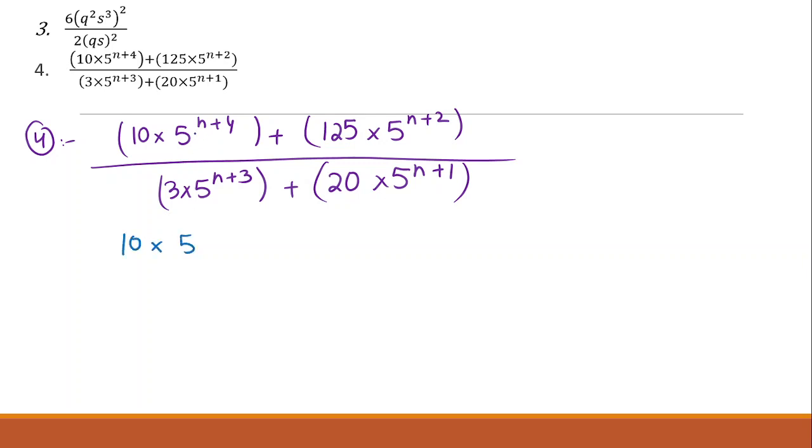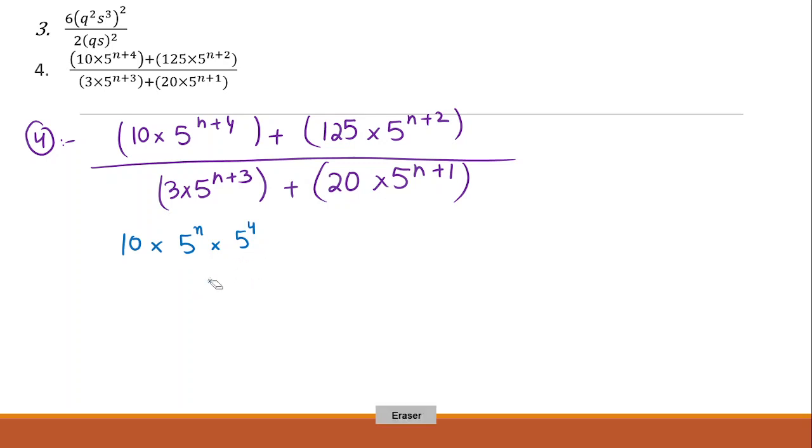So in order to remove this n, let's split the powers. I can split 5 to the power n plus 4 like this: 5 to the power n multiplied by 5 to the power 4. I have just applied the reverse of the product rule here. The product rule says when two exponents are multiplied with each other, we add the exponents. So 5 to the power n multiplied by 5 to the power 4 is the same as 5 to the power n plus 4.